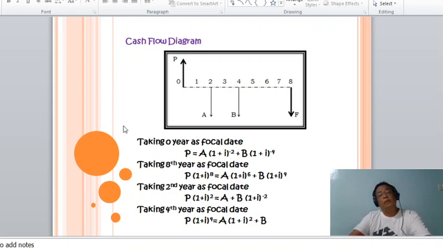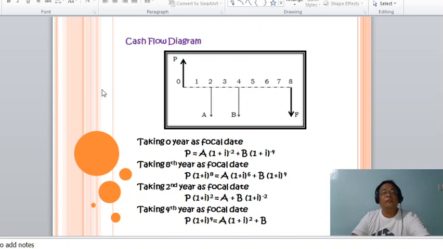So the equation now will become P is equal to A multiplied by the factor (1+i) raised to negative 2, since from year 2 we are going to send this back to 0, which is equivalent to 2 years. So take note, if the direction is going to the left, the sign of the exponent is negative.